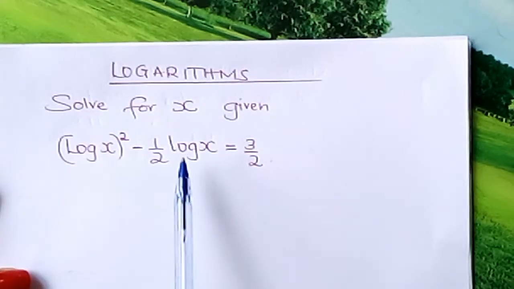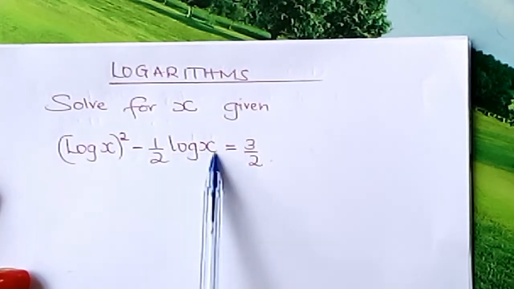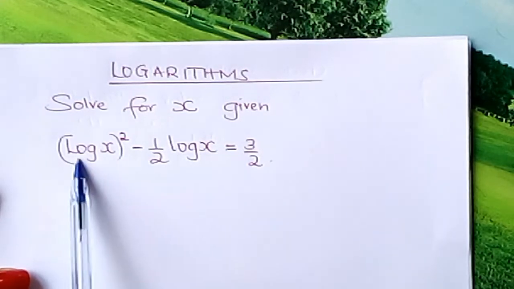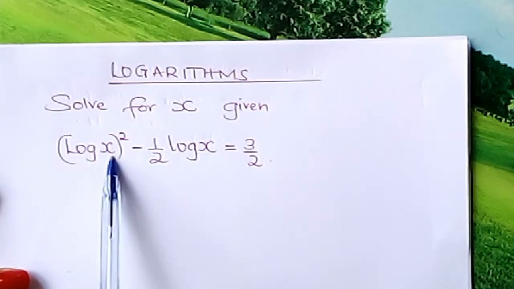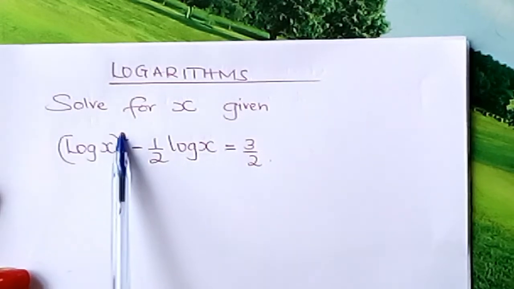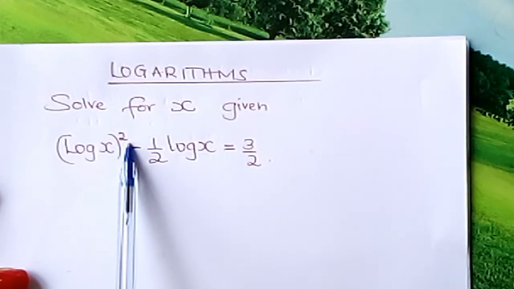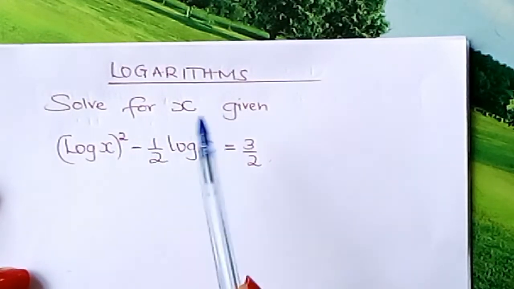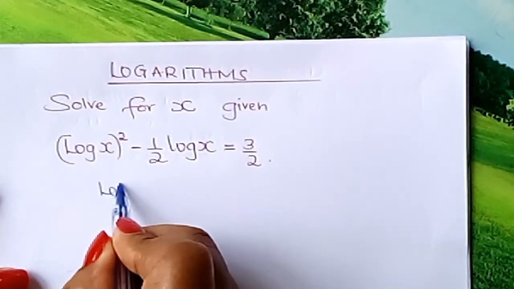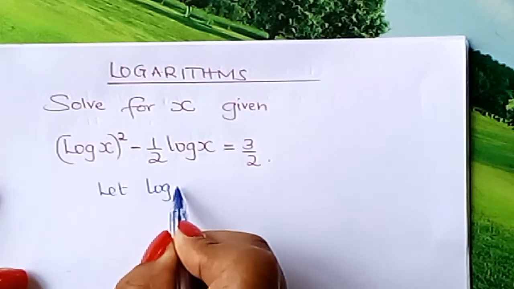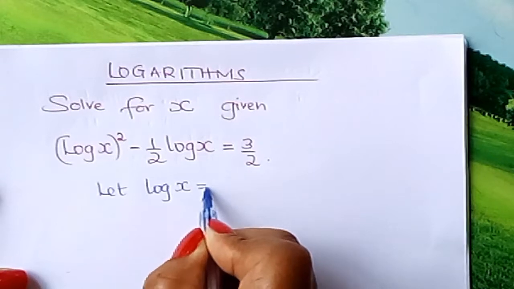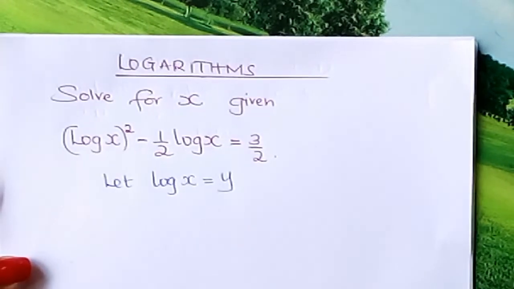So, learner, if this is log x and here log x, the whole of it is squared, how do you approach such a problem? You come and say, let log x be equal to y. Look at that, learner.